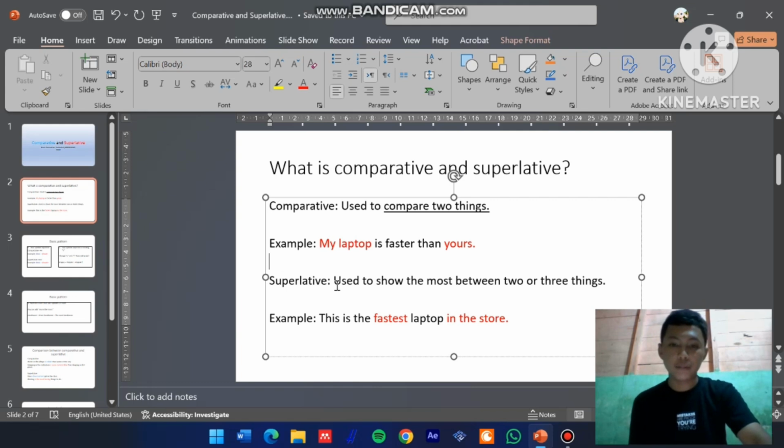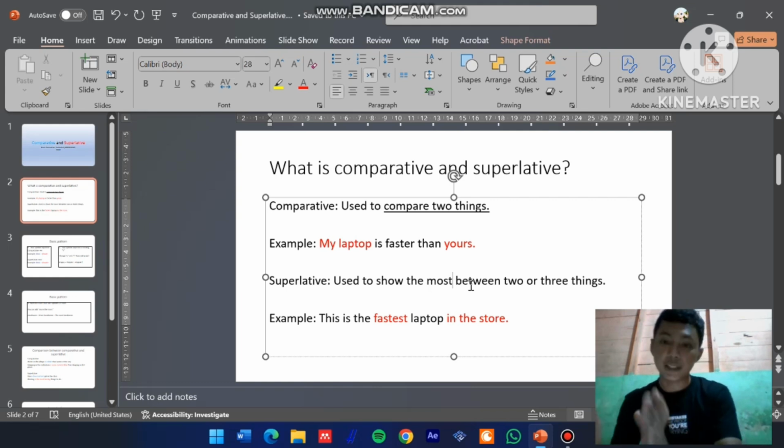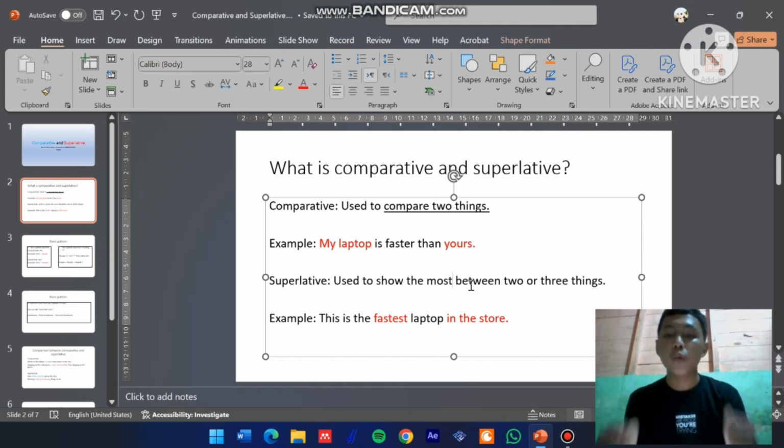And next we have superlative. So what is superlative? This is different from comparative. In superlative, we use it to show the most. The most in here means the most of the others. It means we compare one with all of the others. After the most we usually put an adjective.